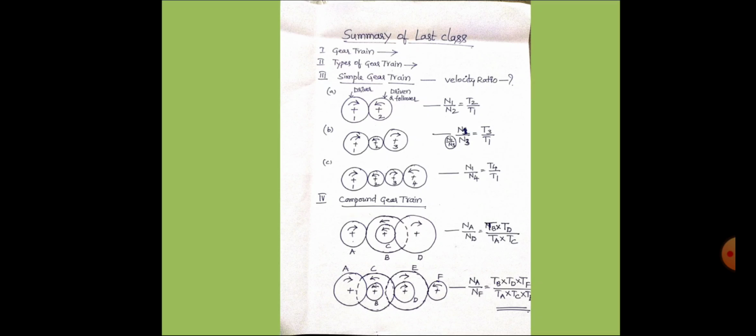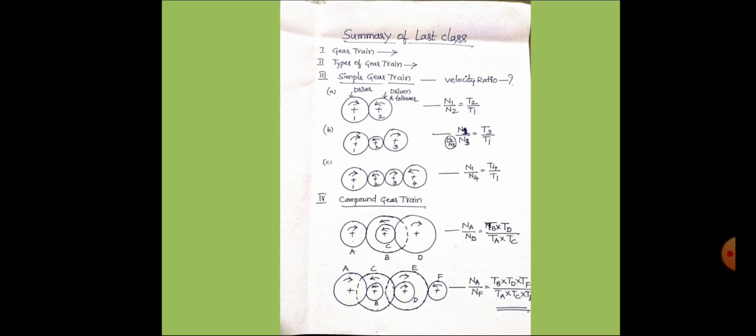In between A and D there is one shaft which supports two gears, named B and C. So on this shaft, B and C are the two gears being supported on only a single shaft, meaning this shaft is carrying more than one gear, that is gear B and C. Therefore this is said to be a compound gear train, right?